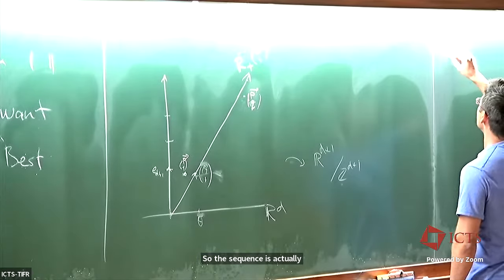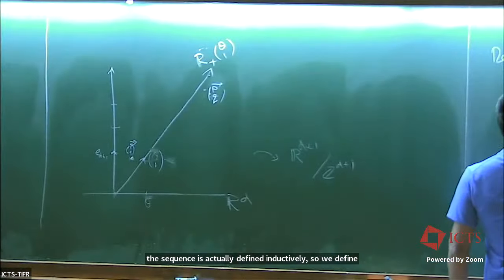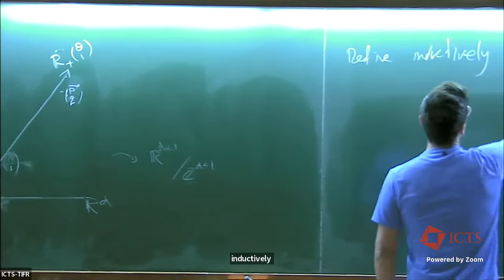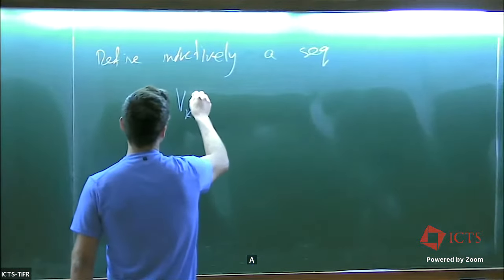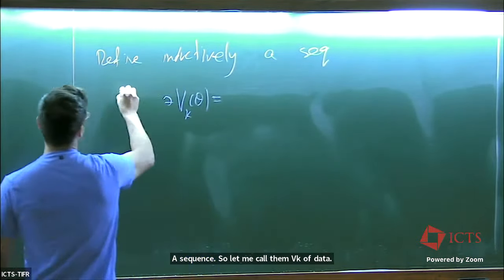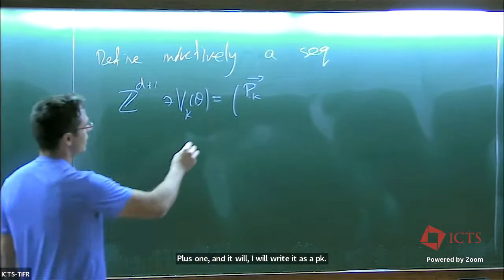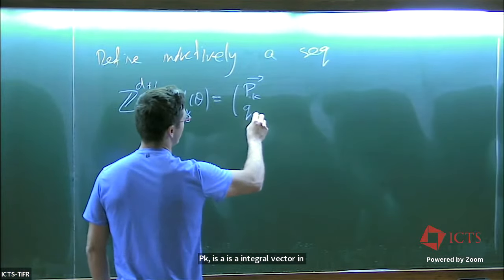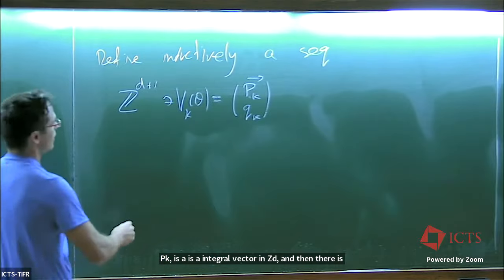So we define inductively a sequence. Let me call them V_k of theta. V_k is an element of Z^(d+1), and I will write it as (P_k, Q_k). P_k is an integral vector in Z^d, and then there is the height Q_k.